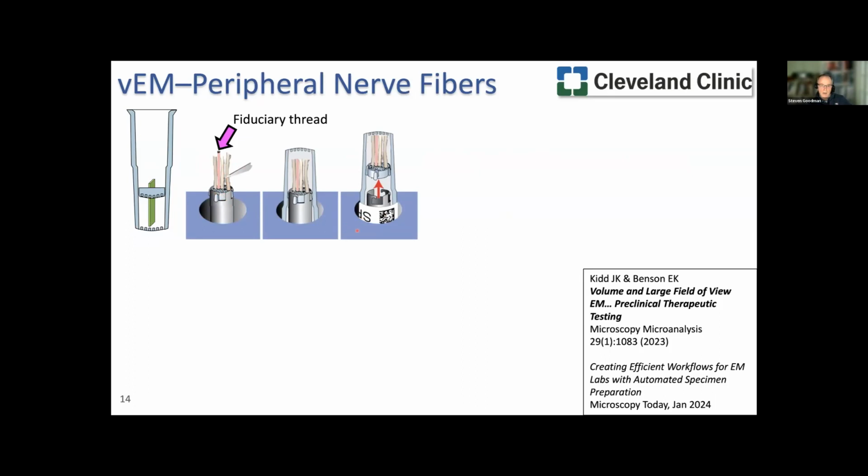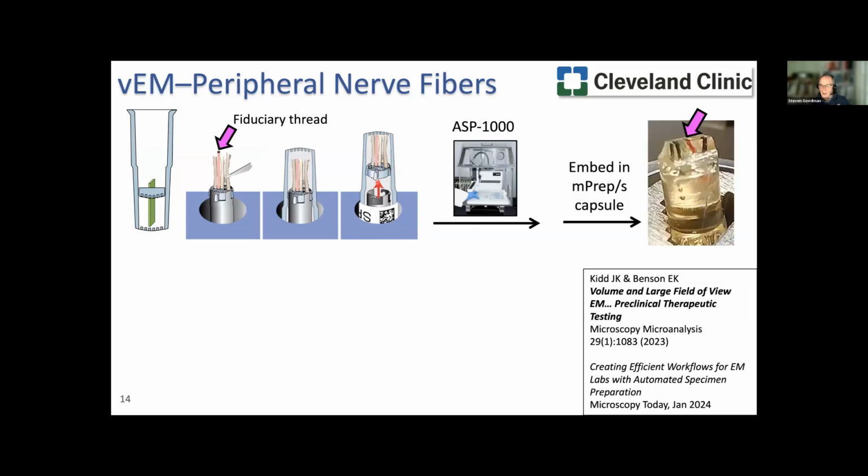This is diagrammatically showing the workstation, and also a fiduciary thread, so she can tell the difference between which of these nerve fibers is which. They are loaded into the capsules, processed on the ASP, and then embedded in the capsule, and one can clearly see the fiduciary thread and the 3 different nerve fibers.